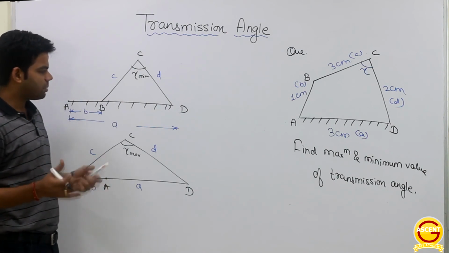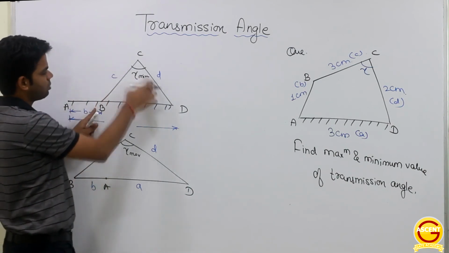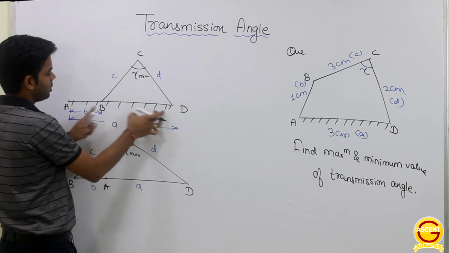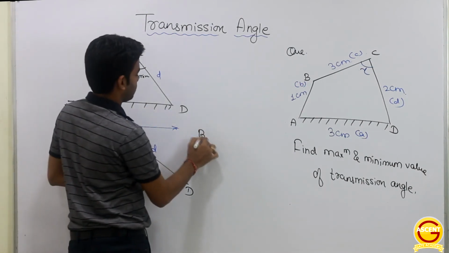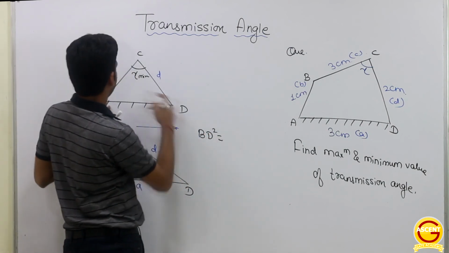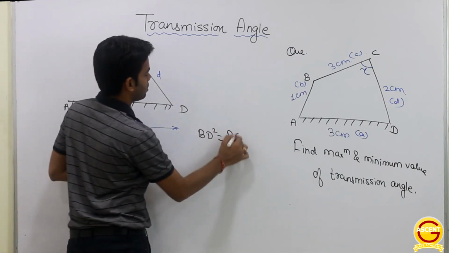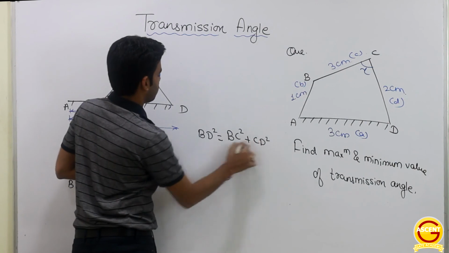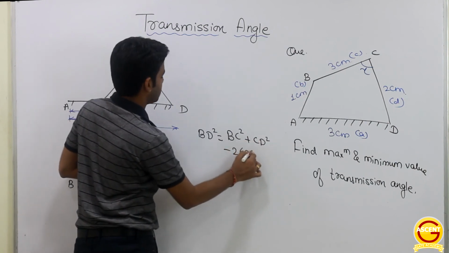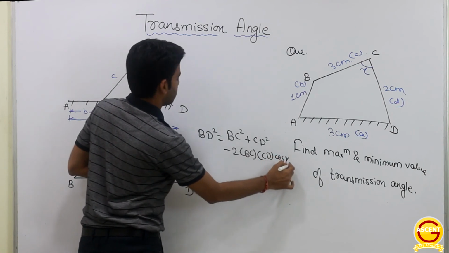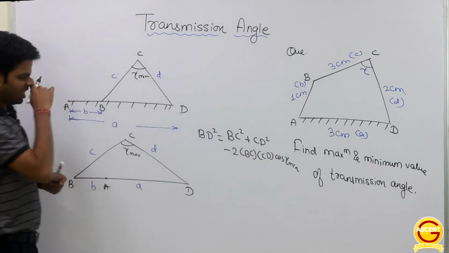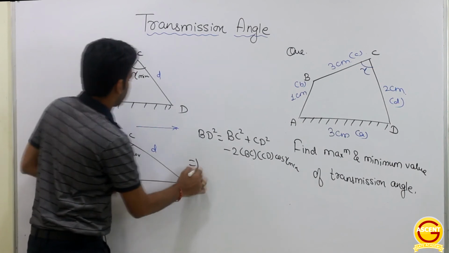Now how can we find it? Simple cosine rule. So for this particular triangle we can apply the cosine rule. This distance BD square is equal to BC square plus CD square minus 2 BC CD cos of gamma minimum. Getting this or not? So what is this BD square?